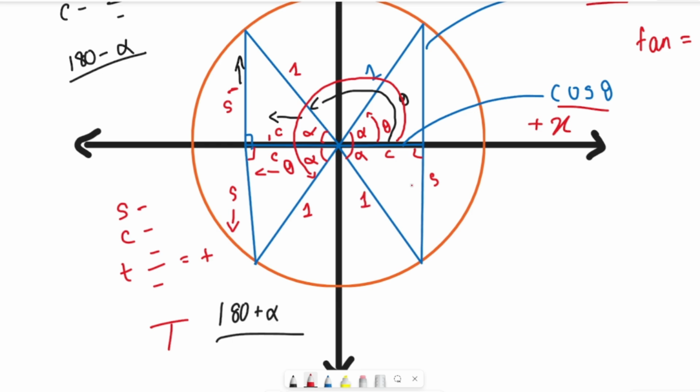So now notice that sine is pointing in the negative y direction, cosine is pointing in the positive x direction, and tan, as a result of that, since sine is negative and cosine is positive, is negative over positive, which is equal to negative. So that is why this quadrant is called C, which means that cosine is positive in this quadrant.